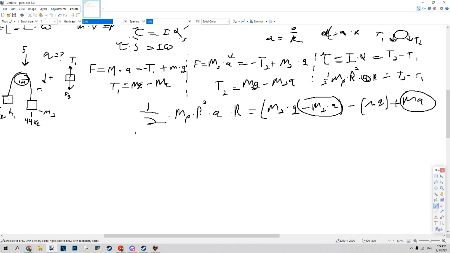And we end up with 1/2 times the mass of the pulley times R squared times R is R cubed, so we'll just write it as that, times A, is equal to M2 times A, so plus M2, and now both of these are multiplied by A, right? 1/2 MP R cubed A, M2A, minus M1 times A.